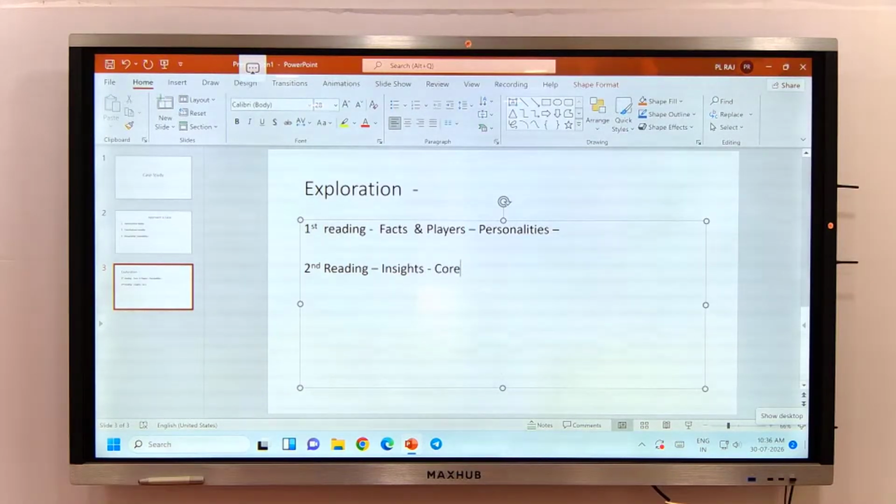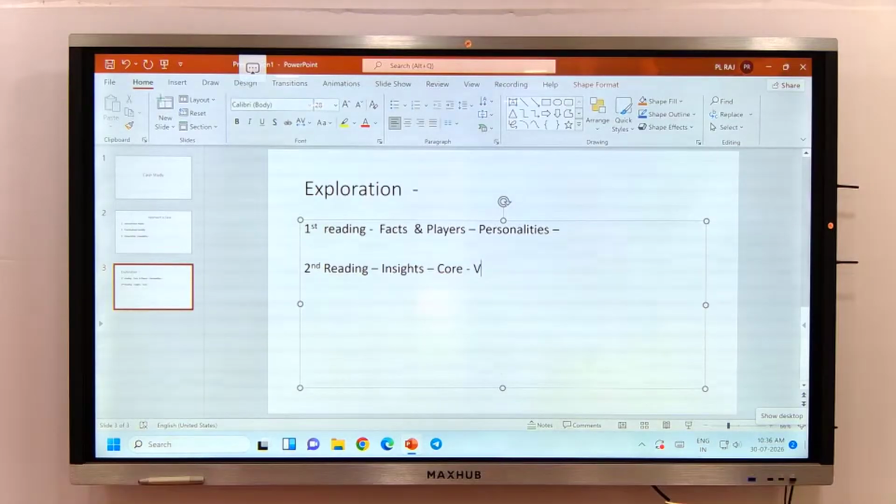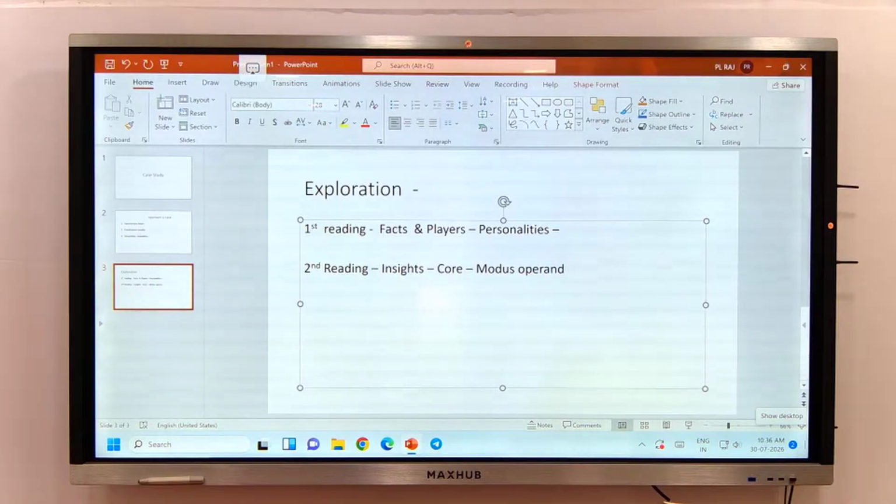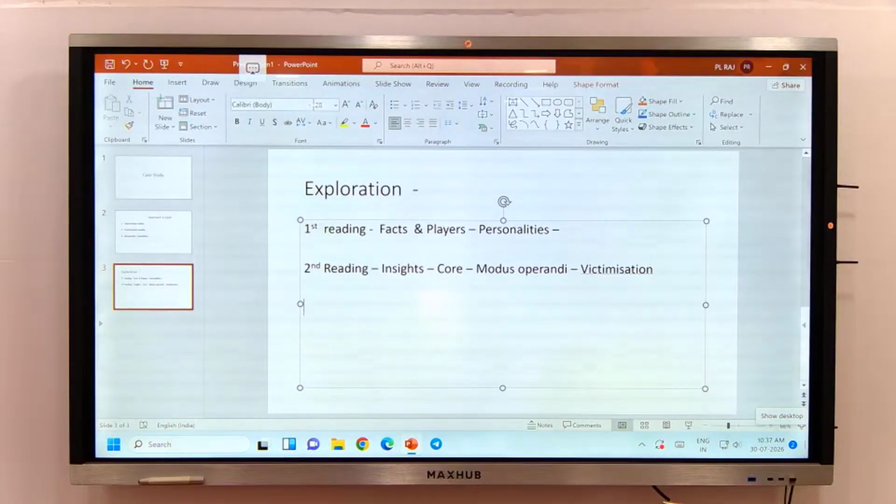That means it has to deal with the core, the mode of operation, modus operandi, and the victimization of the case, and what is the problem that leads to the third reading.